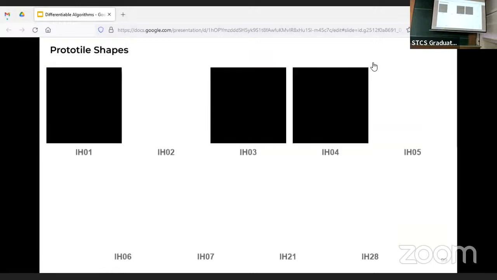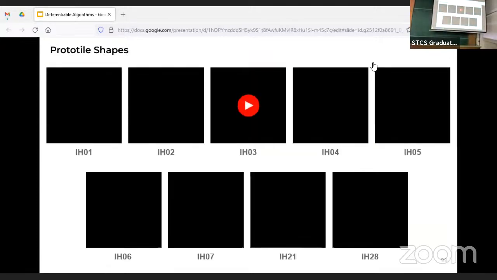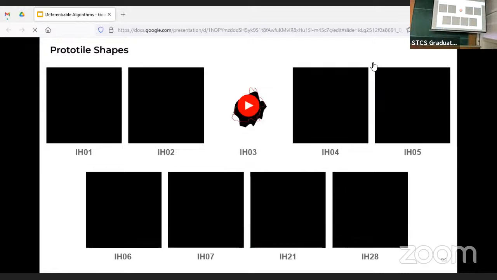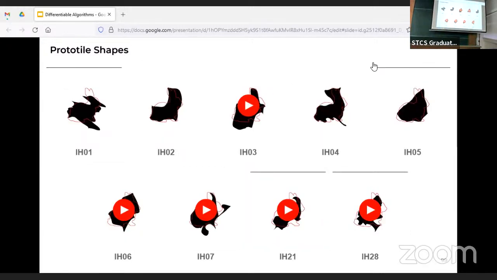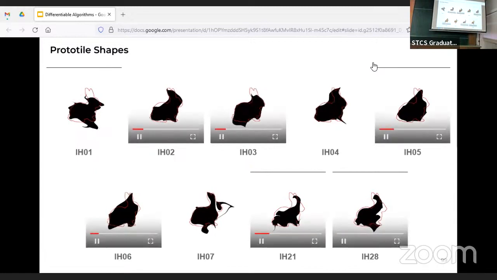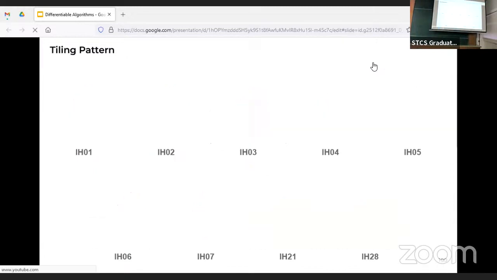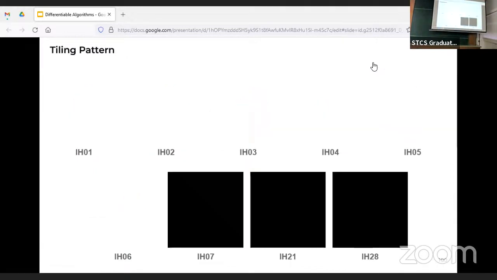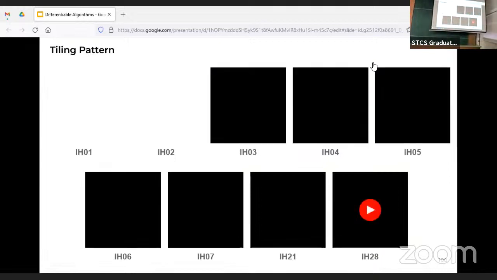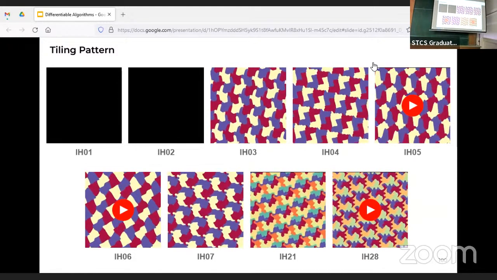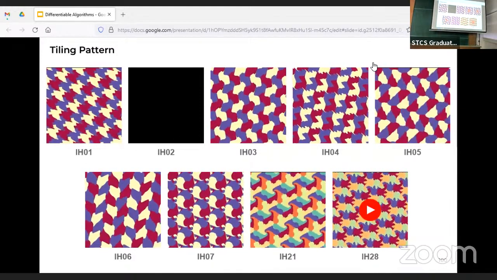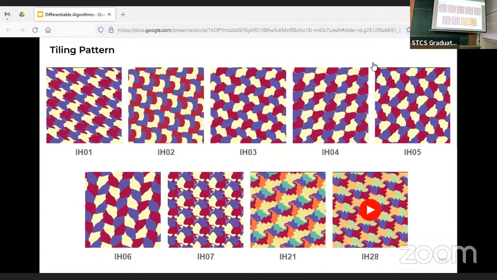And this is for all the classes. For different classes, we get different dimensions. These are the different tilings for different classes.